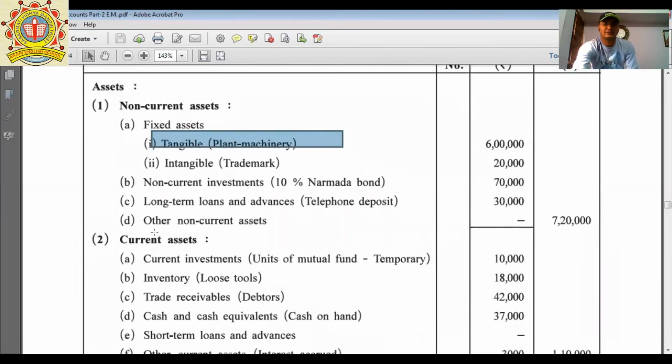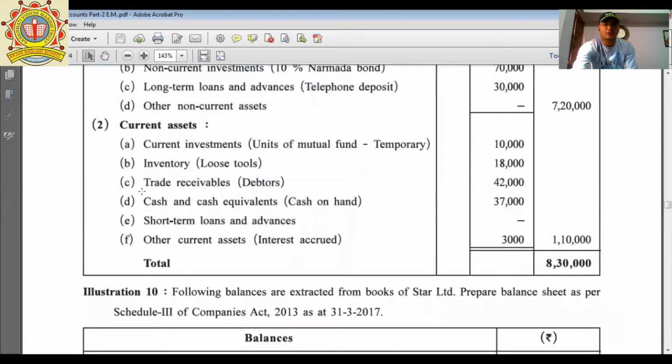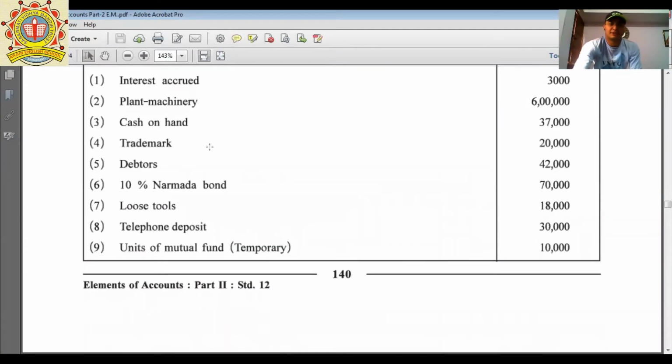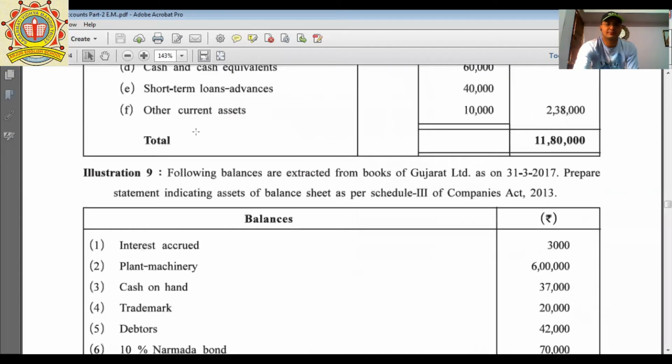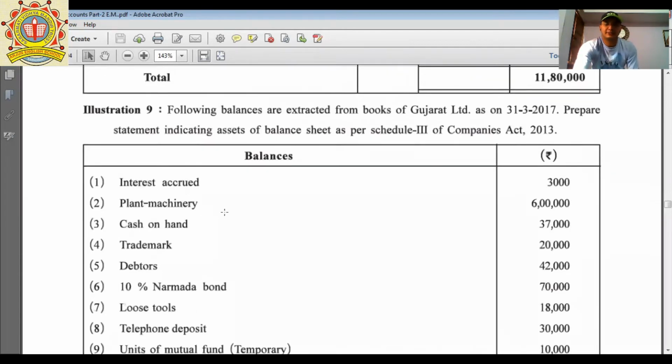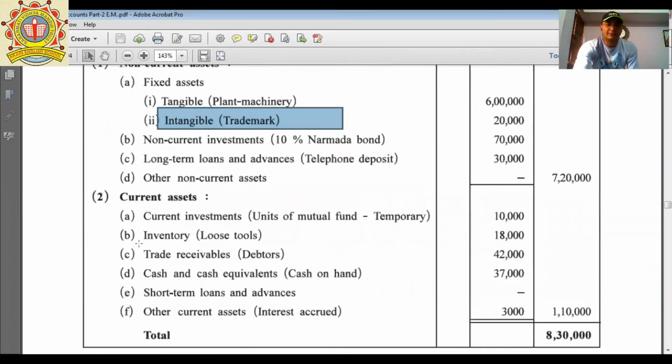Cash on hand is a part of cash and cash equivalent. Next, trademark. Trademark is a part of intangible fixed assets. So it is under the heading of intangible assets for 20,000. Debtors is a part of trade receivable, 42,000.